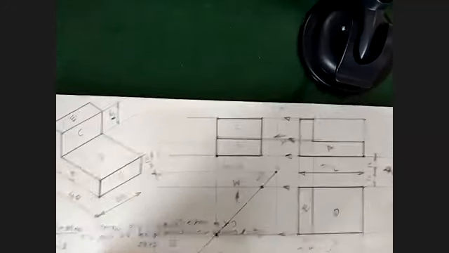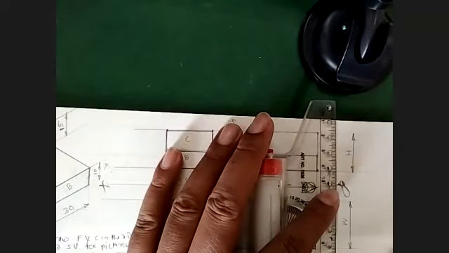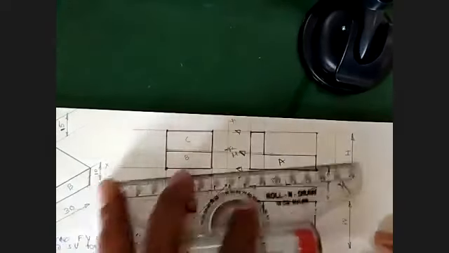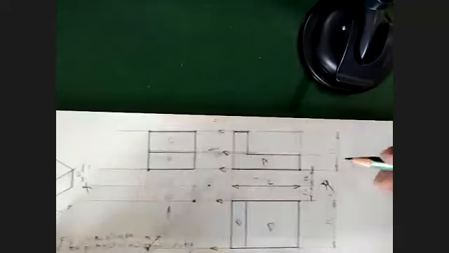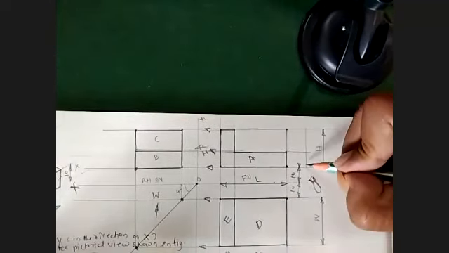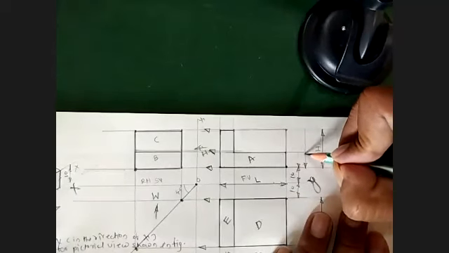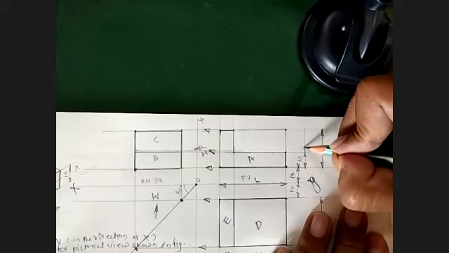Then for height, what you have to do? You have to take the projection like this. I will be taking the projection from here as well. Then I will mention here height 10 and this is 15, right?